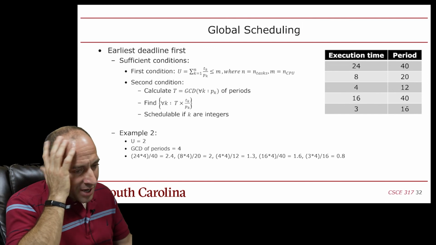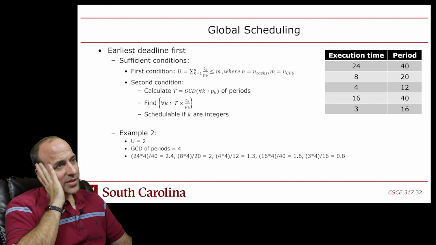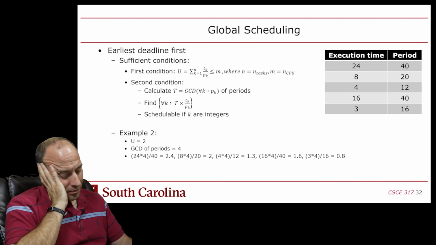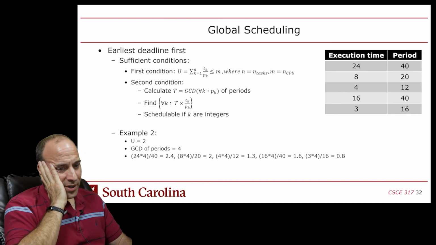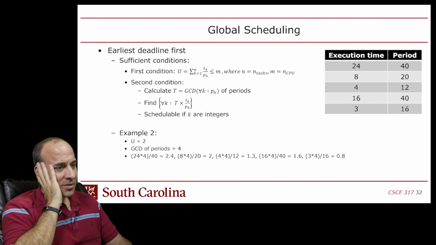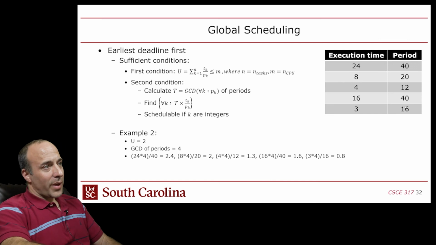So while EDF is optimal for one CPU, it's not necessarily schedulable for multiple CPUs, even when the utilization is less than or equal to the number of CPUs.